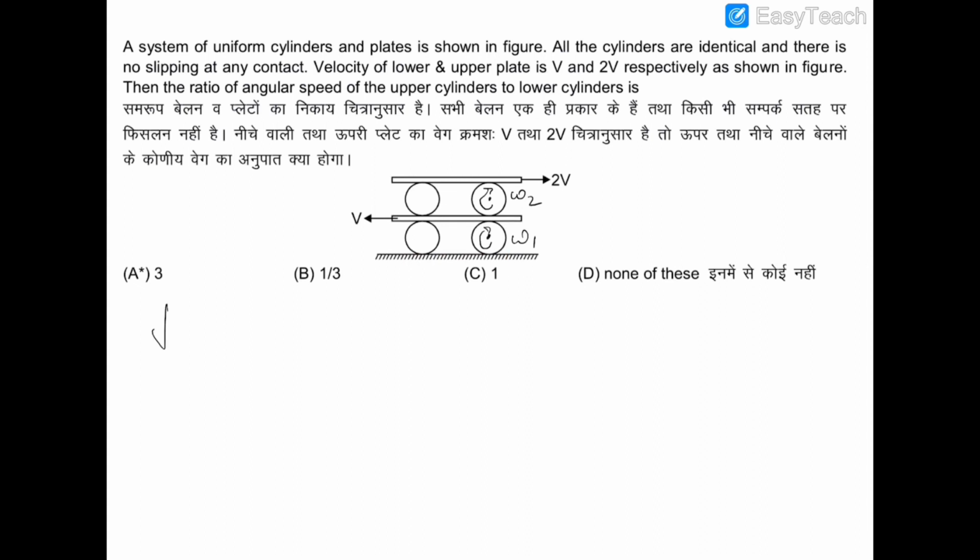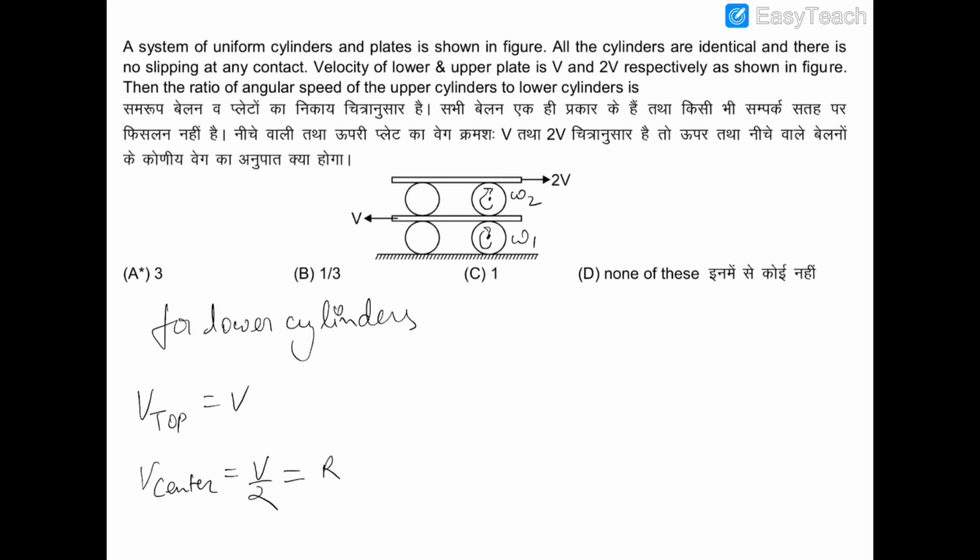So for lower cylinders, pure rolling is occurring, and obviously the velocity of their top point is equal to v. So velocity of their center will be equal to v by 2, and that would be equal to r omega. Let us assume that their radius is r. So omega 1 would be equal to v by 2r.